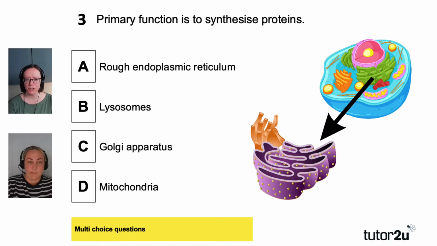Any thoughts about this one, Charlotte? I don't think that it's mitochondria, because I know the function of that is not this one. Possibly A. I think you could be right. Yep, the rough endoplasmic reticulum. And those studded bits on it are actually ribosomes.